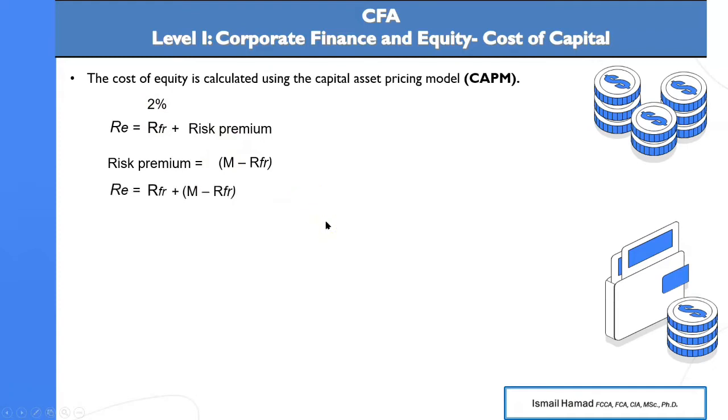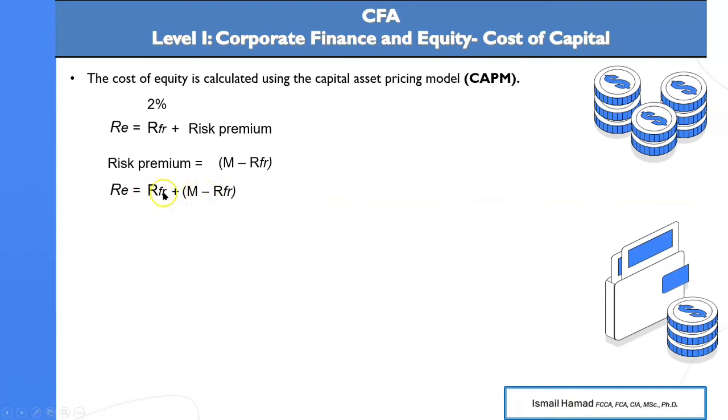So this is the equation. CAPM: required rate of return or cost of equity equals risk-free rate of return plus market return minus risk-free rate of return. There is a catch here. Risk-free rate of return is plus and here minus.